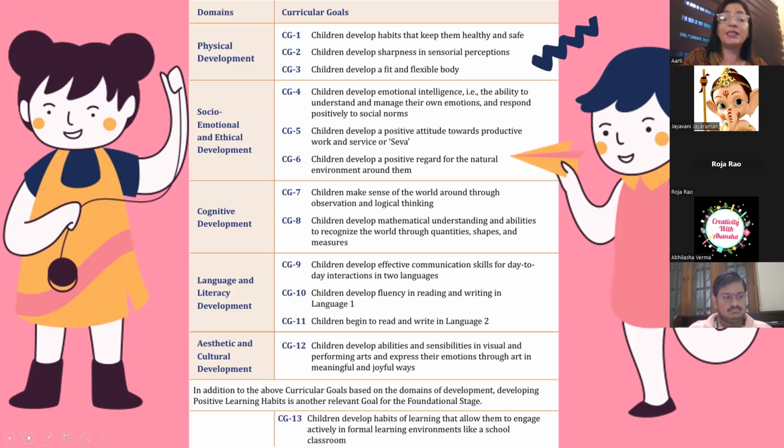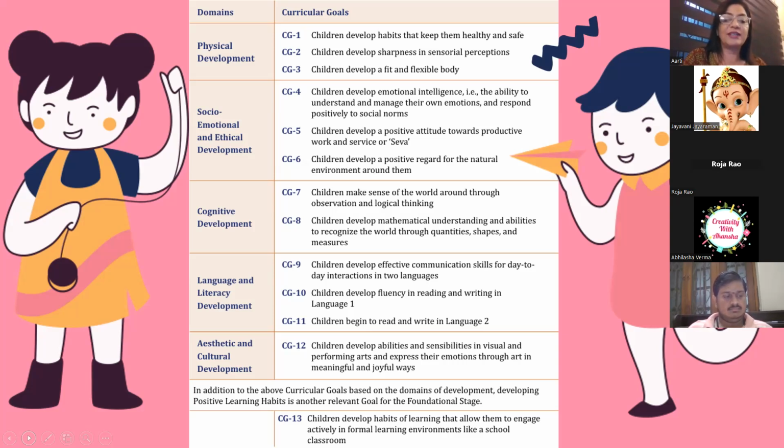Children develop mathematical understanding and abilities to recognize the world through quantities, shapes, and measures. This encourages basic math skills, and it helps children to understand and navigate the world through numbers, shapes, and spatial relationships. So it is again literally important.